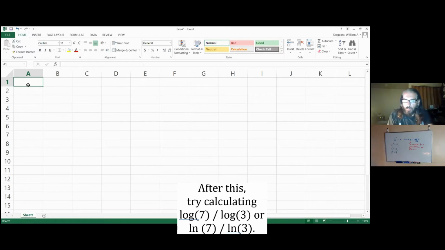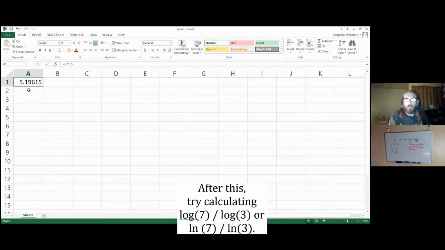But I'm going to go halfway in between and try out 3 to the 1.5. And that's giving me something too low.